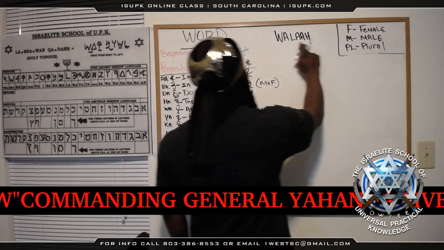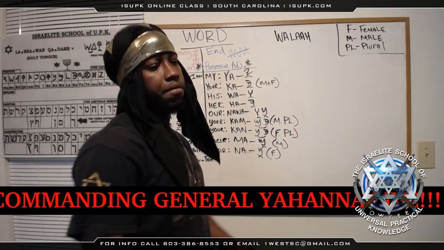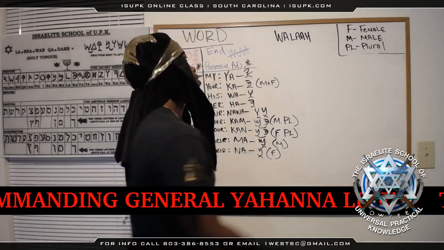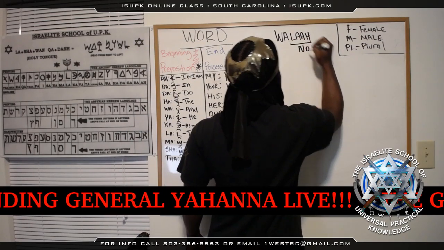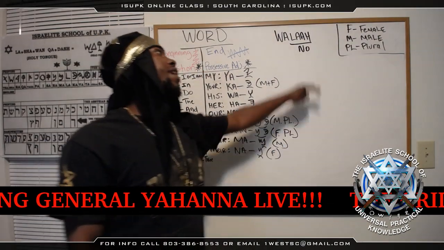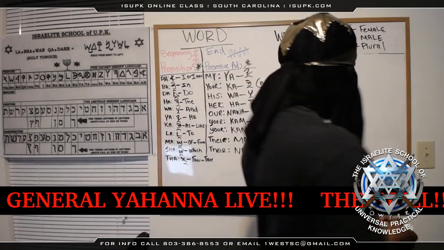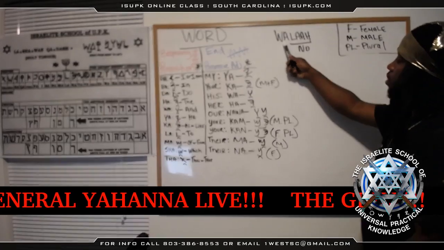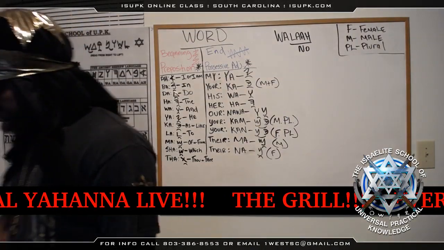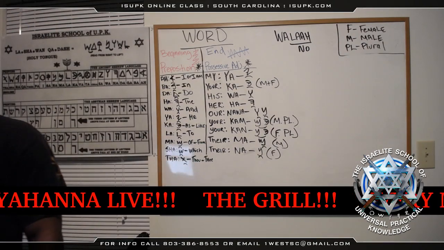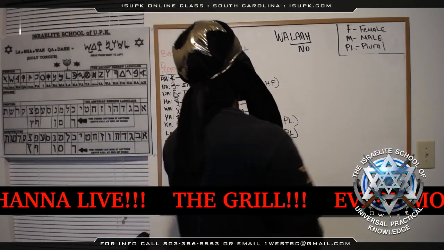This word la'ah, I know a lot of us are familiar with that word. La'ah means no. So if that means no, then this is a preposition in the beginning of the word: and. The beginning of the word no.